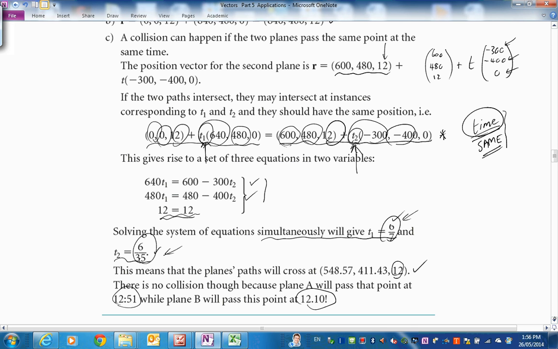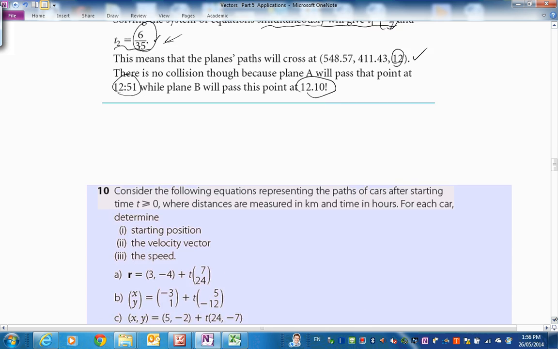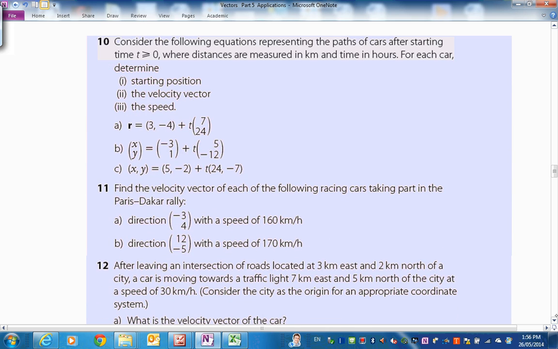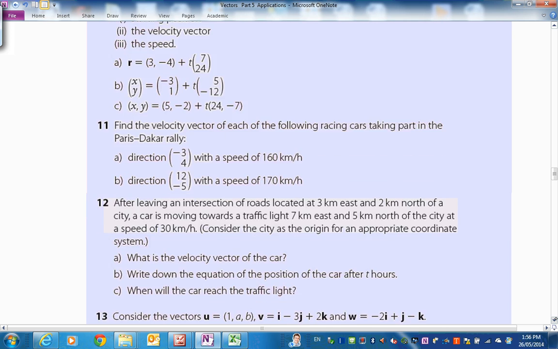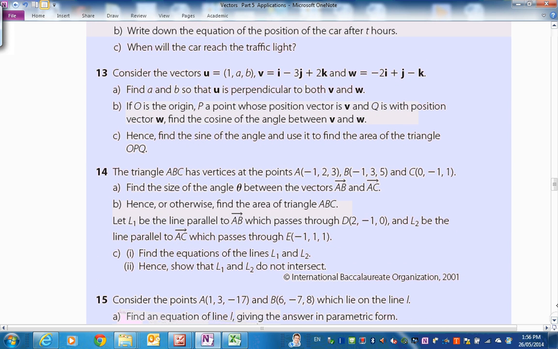Alright, let's go down and have a look at doing some. So here's some from Pearson's. We've got just the usual application here, cars in 2 dimensions, right through 10, 11 and 12. A 3-dimension problem in 13, not really an application.